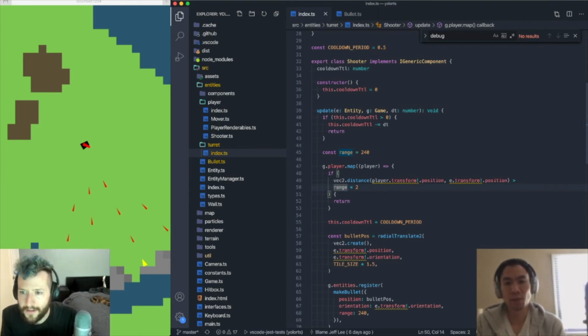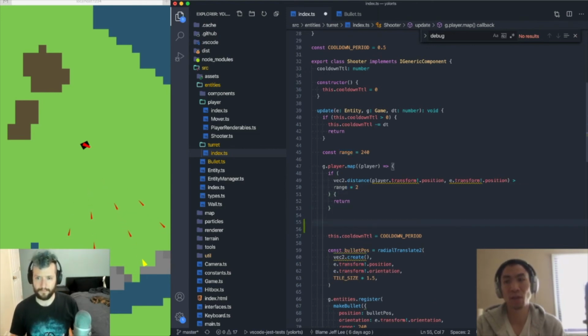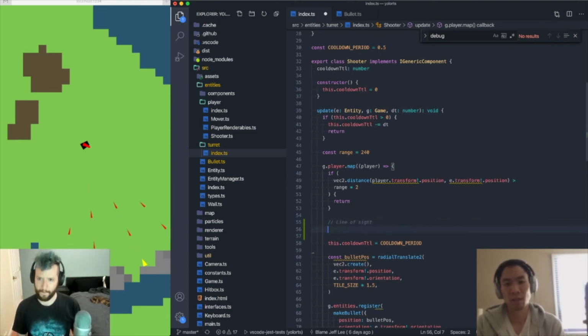Yes. So I guess basically what we do is the shooter projects a ray over all, and then it iterates over all damageables, right? Yep. And then if the damageable is the player, and the player is the closest one of those things that you intersected with, then you will shoot.